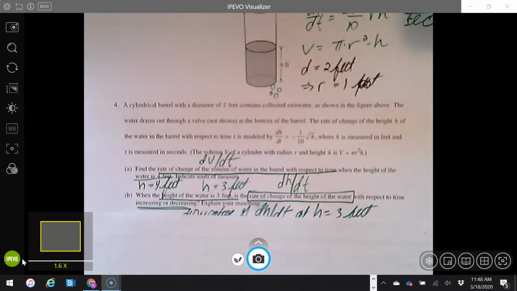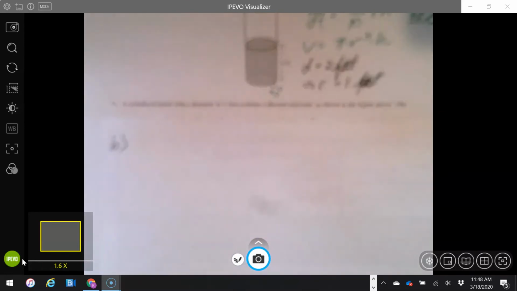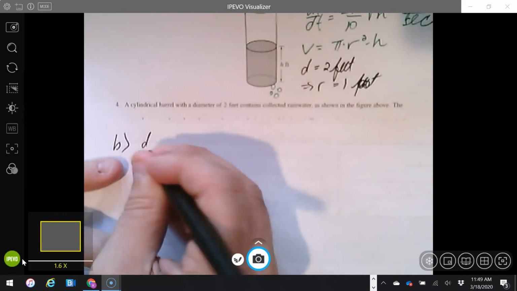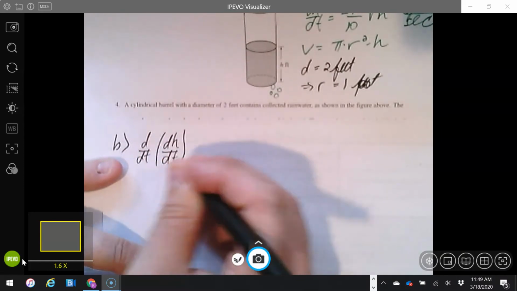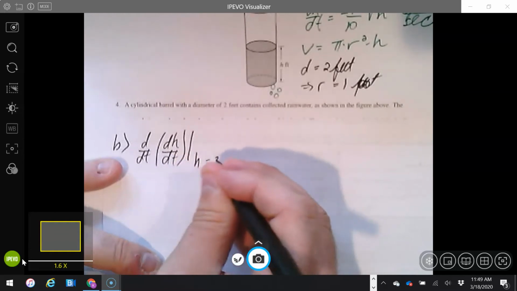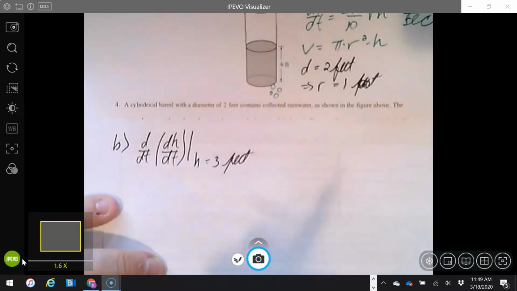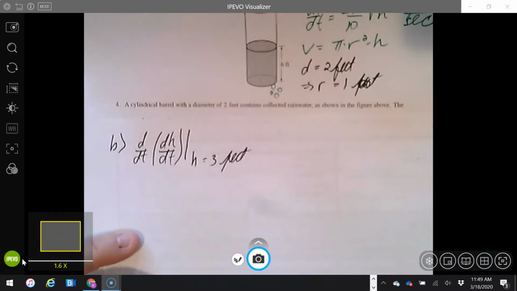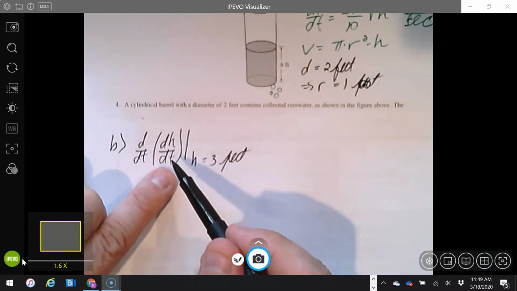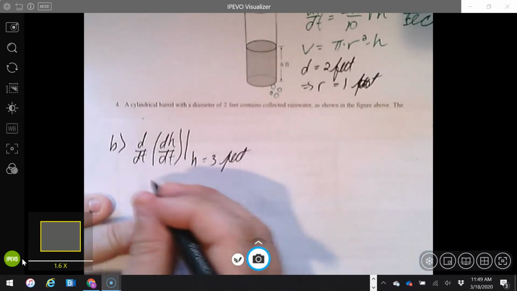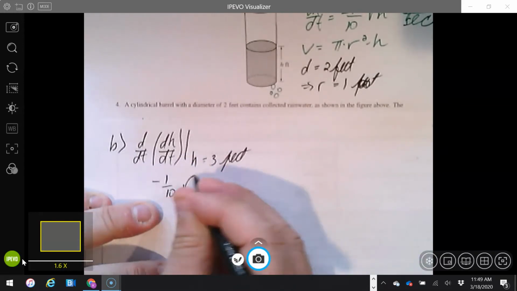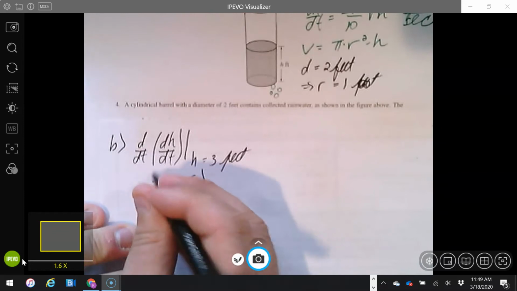So here we go. In part B, I want to find the derivative with respect to t of dh/dt when h equals 3 feet. Now, keep in mind, we already have an expression for dh/dt. dh/dt is negative 1 over 10 times the square root of h.